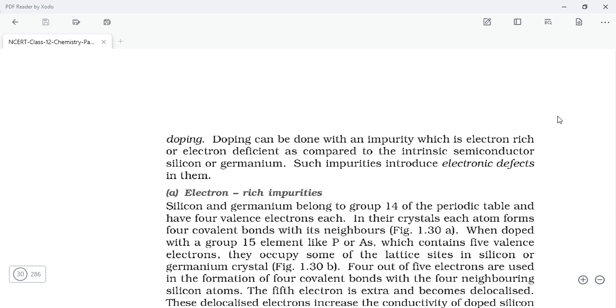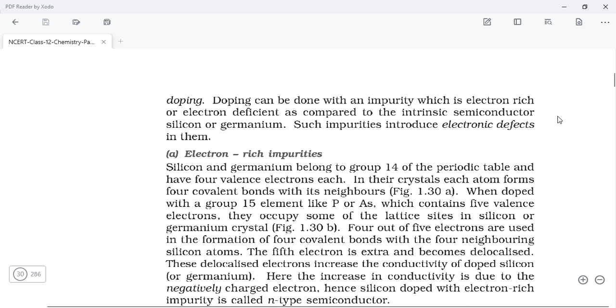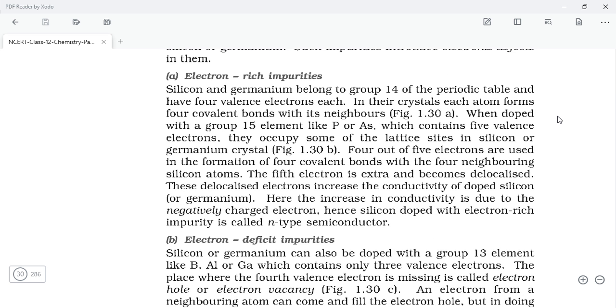A. Electron rich impurities. Silicon and germanium belong to group 14 of the periodic table and have 4 valence electrons each. In their crystal, each atom forms 4 covalent bonds with its neighbors.